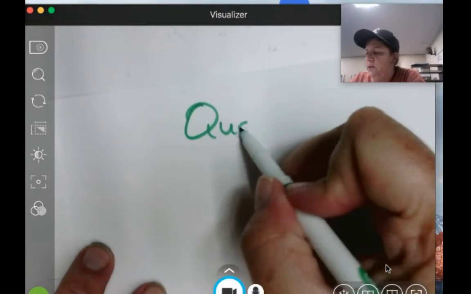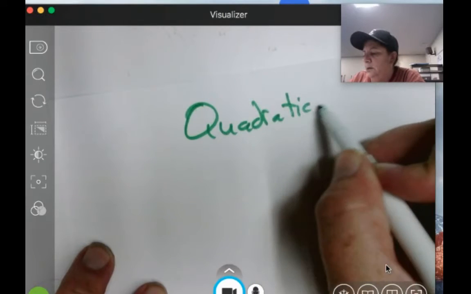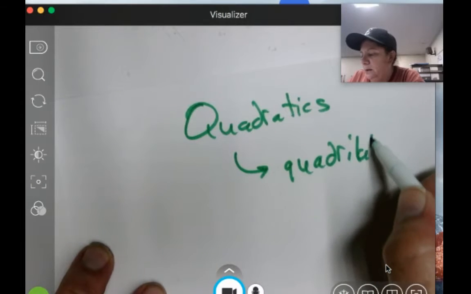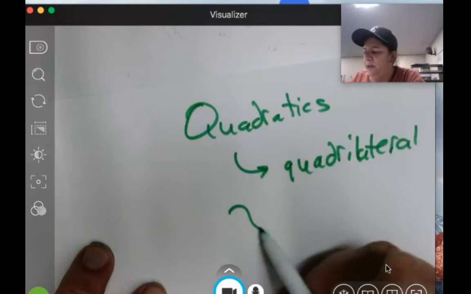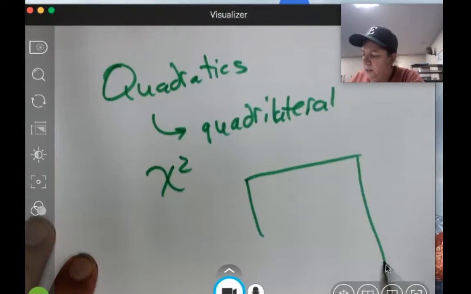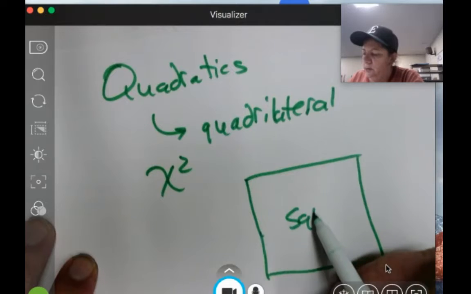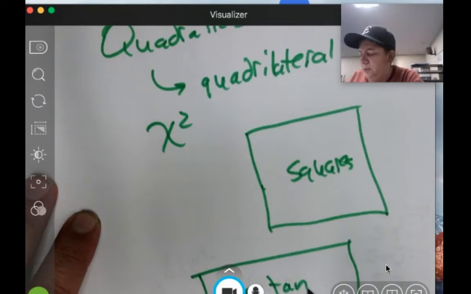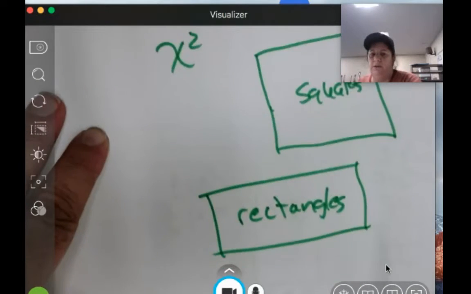Remember we said that quadratics comes from the word quadrilateral? Because you think it means 4, but we have x squared, right? But where that comes from is that it's either based on squares or rectangles. Not like parallelograms or rhombuses, but it is based on squares and rectangles.